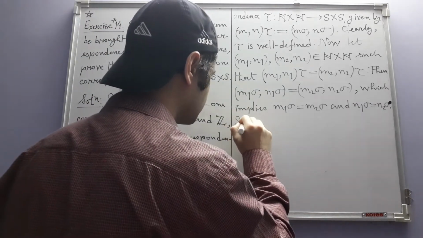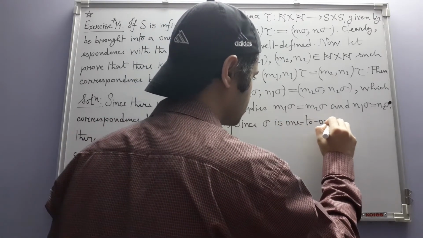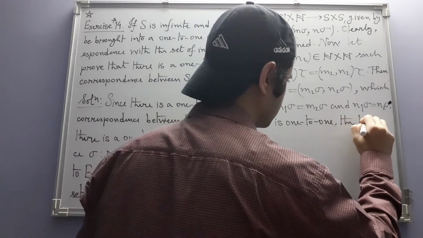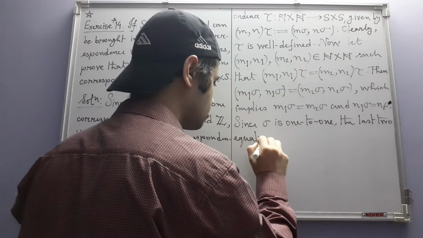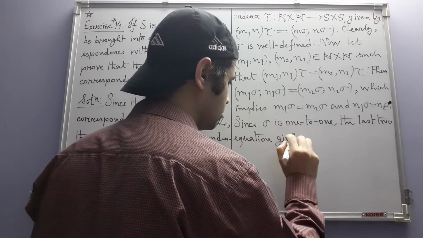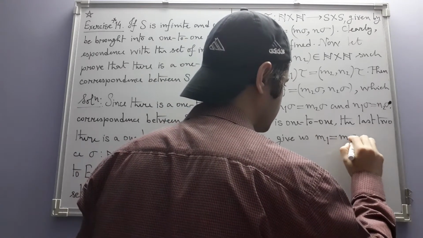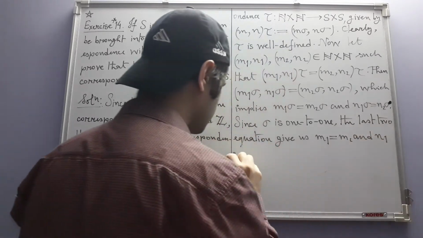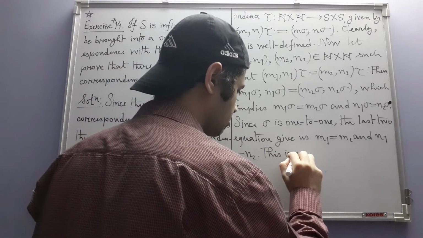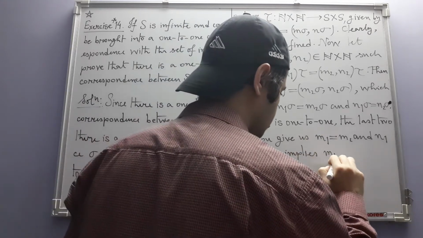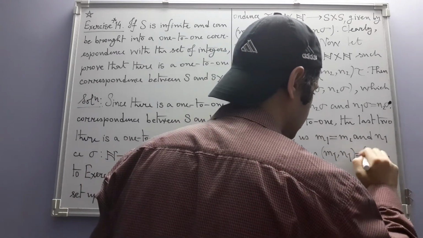Since sigma is one-to-one, the last two equations give us m1 is equal to m2 and n1 is equal to n2, and that implies (m1, n1) is equal to (m2, n2).